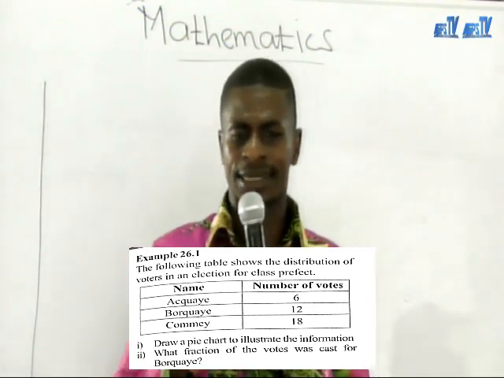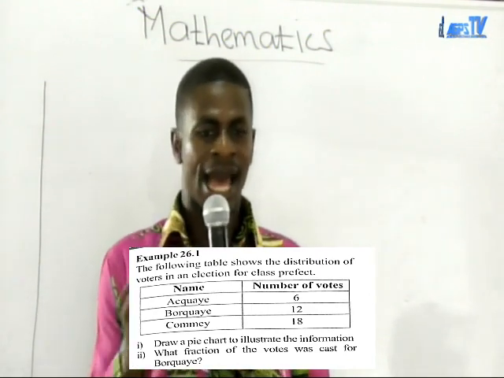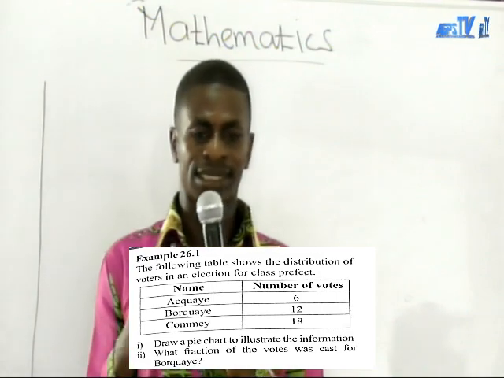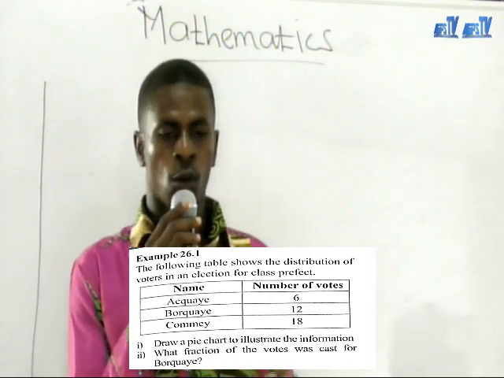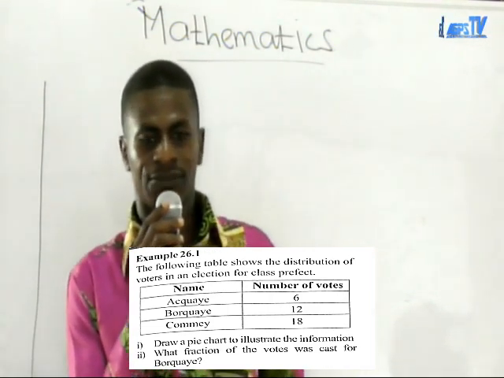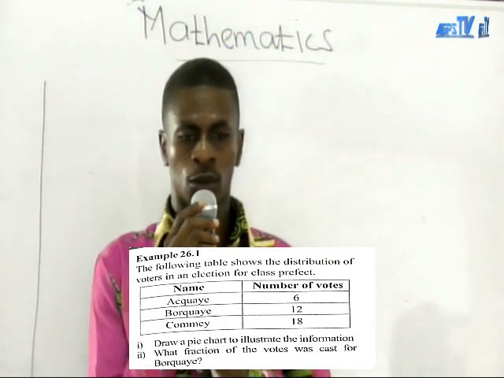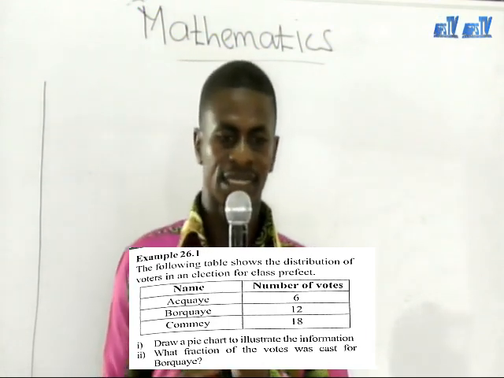But don't forget that this number of votes that you see on the right are frequencies. I have said that frequency is the number of times an event occurs. So we have seen Akweye getting 6 votes, then Bokoye with 12 votes, and Kome with 18 votes.